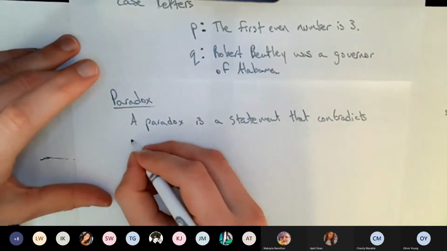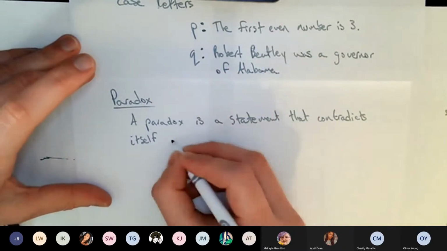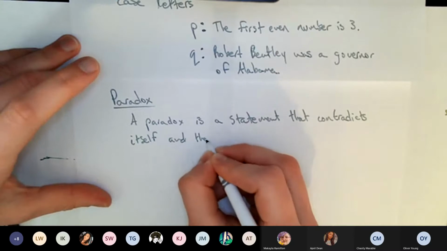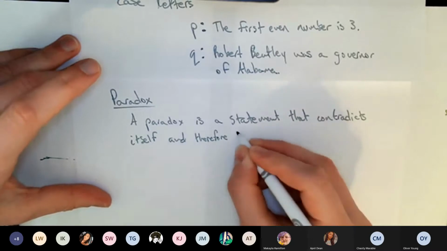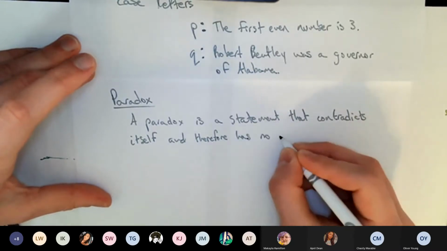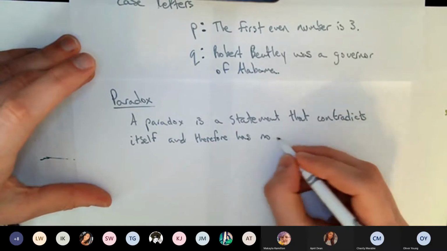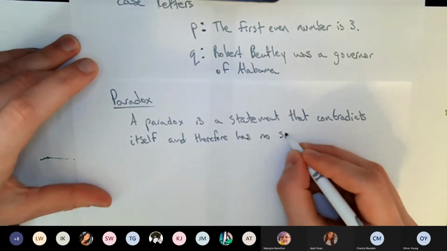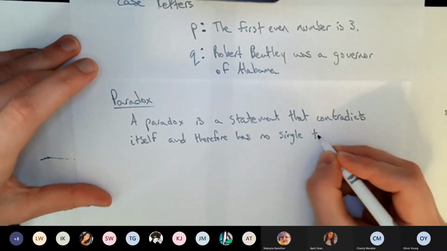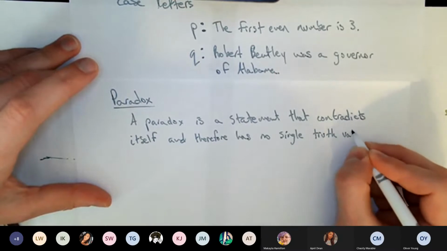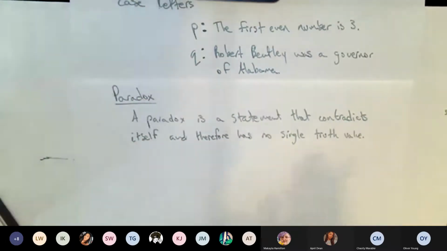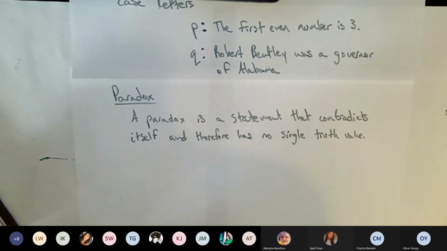A paradox is a statement that contradicts itself, and therefore has no single truth value. So it's not a mathematical statement, because we want our mathematical statements or logic statements to have only one value of truth.